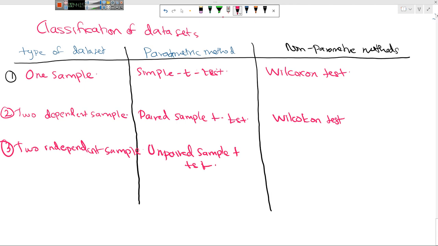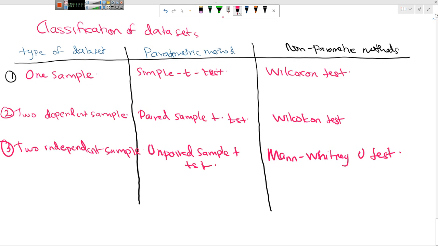But here we have to use the Mann-Whitney U-test. These terminologies or names might be quite new to you, and sometimes you may feel strange, but you will be familiar with these things with time.